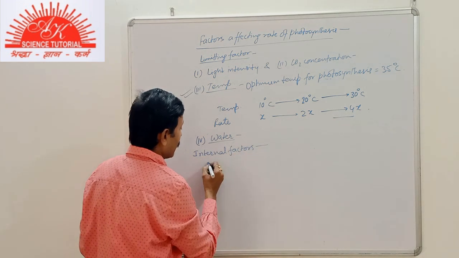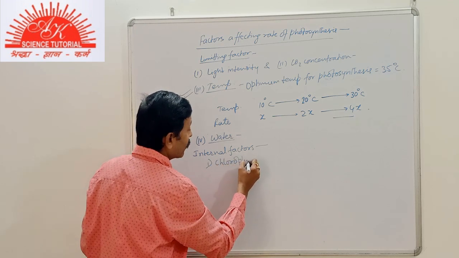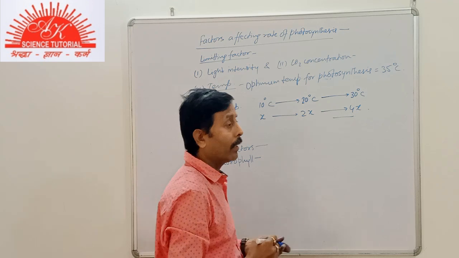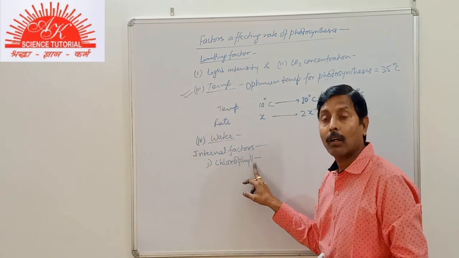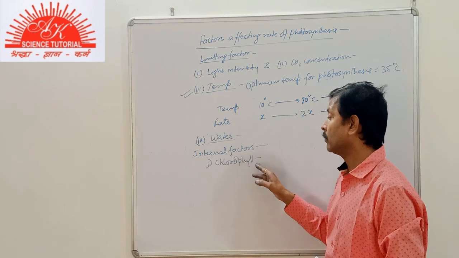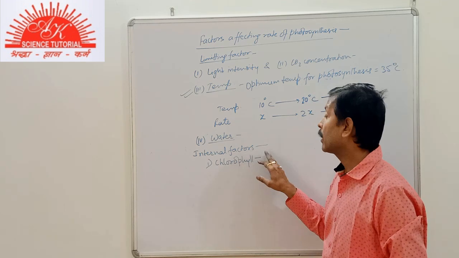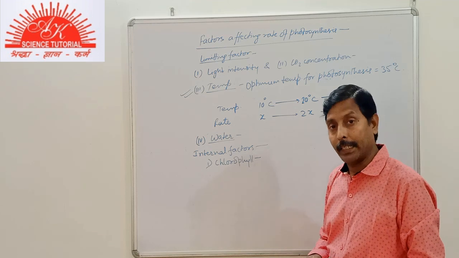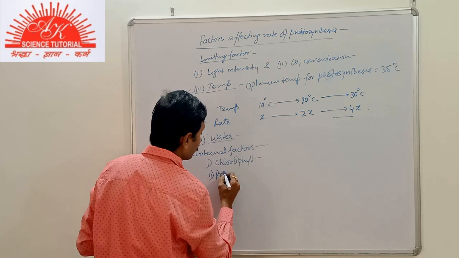Internal factors like chlorophyll. Now you see the nutritional deficiency of, like, magnesium, the chlorophyll will not be synthesized properly and the rate of photosynthesis will decrease. Second, protoplasm.